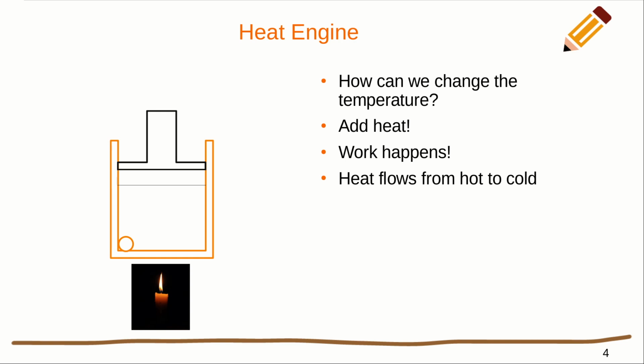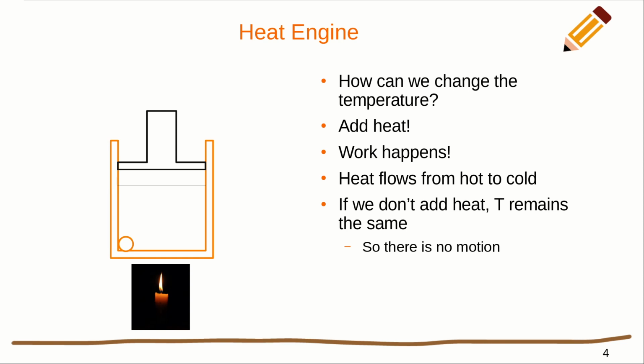Now, for this to happen, heat had to flow from the candle into the gas. And for heat to flow, it has to flow from a hot source to a cold one. That means that the candle had to have a hotter temperature, or more energy, than the gas. If we don't add heat, then the temperature remains the same, and if the temperature remains the same, the piston doesn't go up.